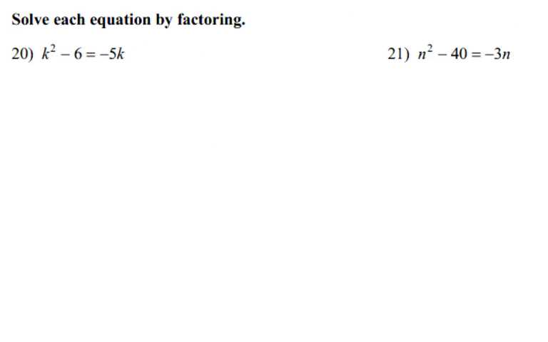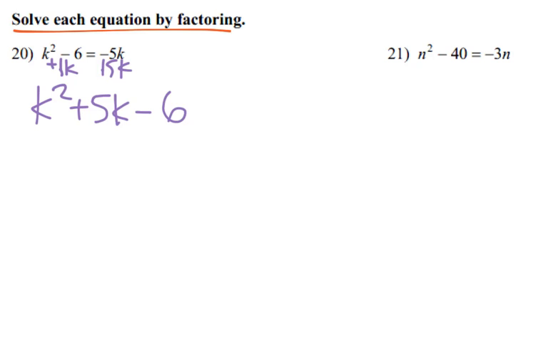So now solve each equation by factoring. So basically we're just getting them all on the same side. Add 5k. So we get plus 5k minus 6 equals 0. Factors of negative 6 that equal positive 5.